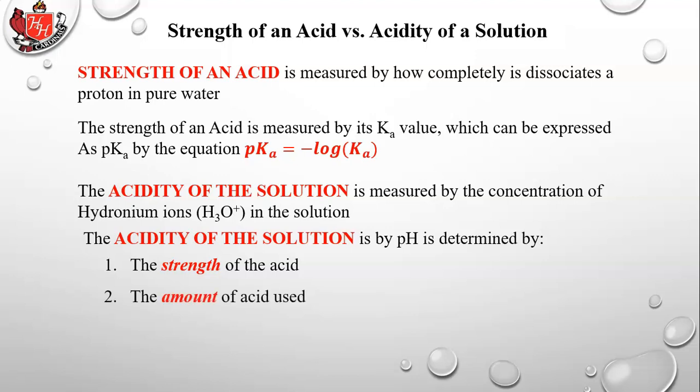So you can produce more hydronium ions in a solution by using a lot of a weak acid as compared to maybe just a very small amount of a strong acid. You could end up with a lower pH. Remember, lower pH means more acidic. You could end up with a lower pH by using a weak acid if you use a lot of it. So the acidity of the solution depends on not just the acid, but the acid in the water together. So the acidity of a solution is measured by pH.